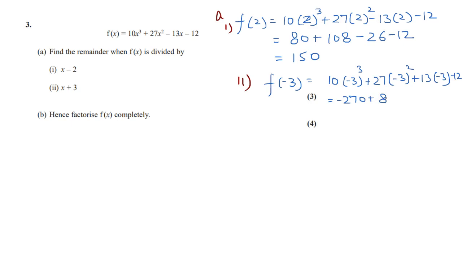This is 3 square is 9 multiply 27, that will be 243. That is 243 minus 39 minus 12. So that is 0. So it means x plus 3 is a factor of f(x).